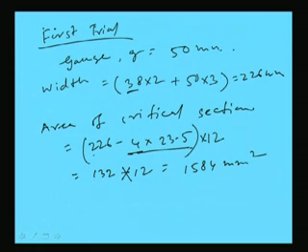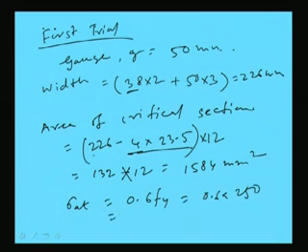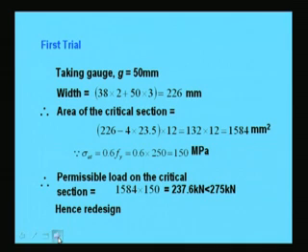Now, the allowable stress sigma AT is 0.6 Fy, that means 0.6 into 250, which is 150 MPa. The permissible load on the critical section will be the area into allowable stress, which is 237.6 kilonewton, less than 275 kilonewton.